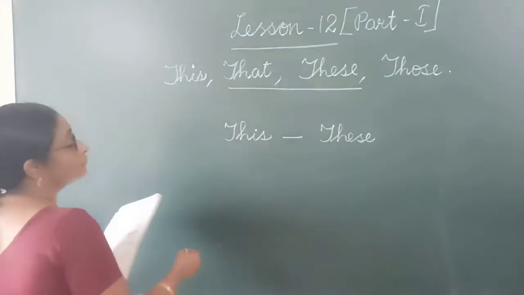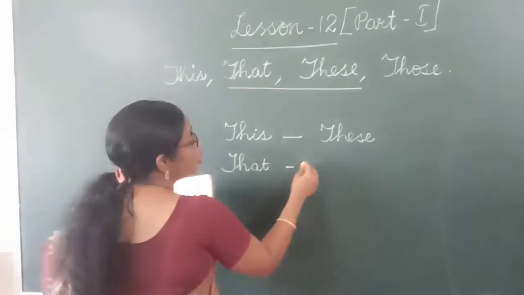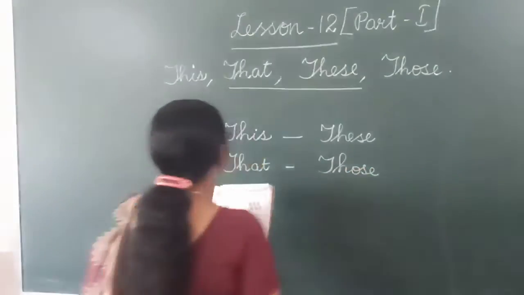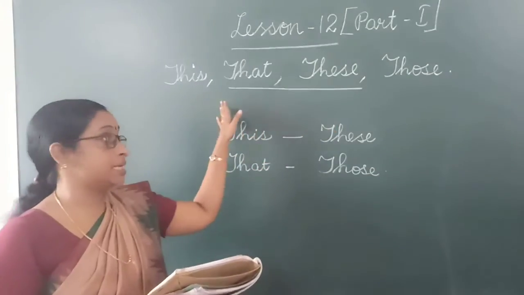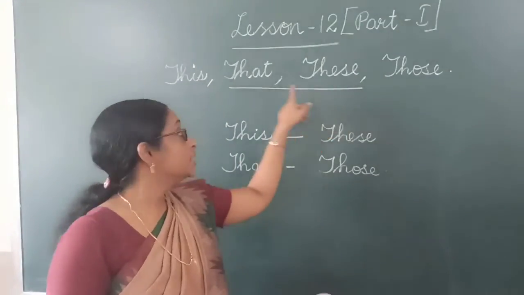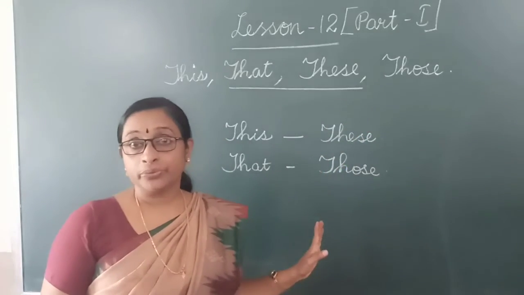So the plural of that is those. The plural of that is those. So now you understood the name of the lesson. This, these, that, those. Now it is clear to you.